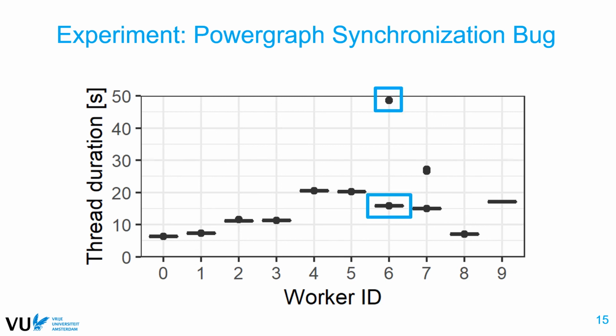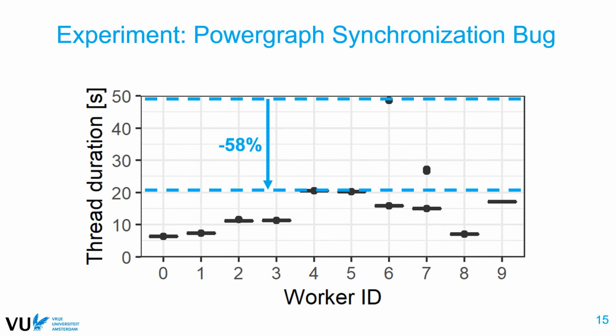However, there are a few notable outliers. In particular, on worker 6, the slowest compute thread takes nearly 3 times as long as the average thread on that worker. If we were to eliminate the outliers on workers 6 and 7 through better workload balancing within workers, this step in the graph application would only take as long as the slowest worker, in this case worker 4.